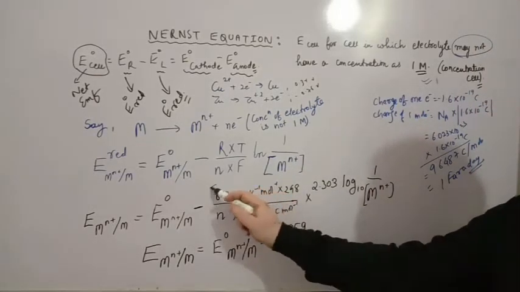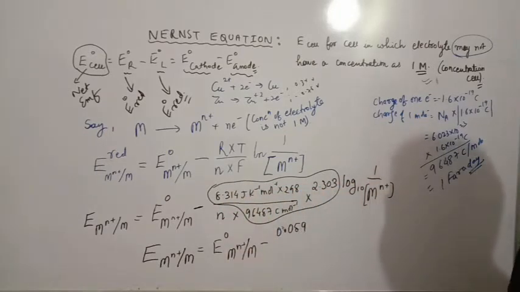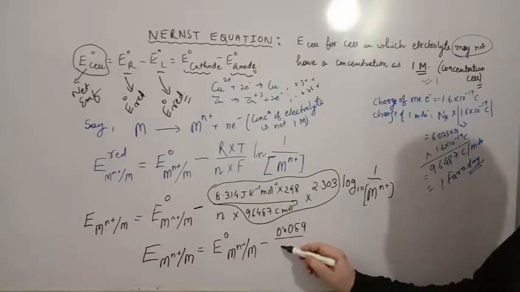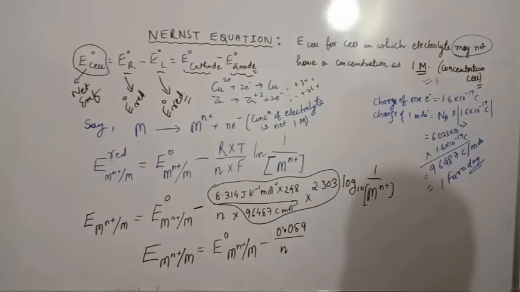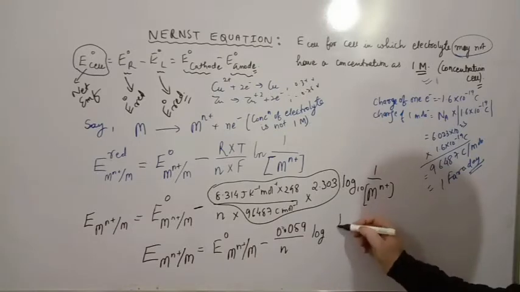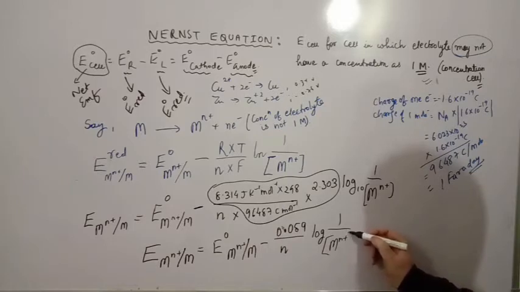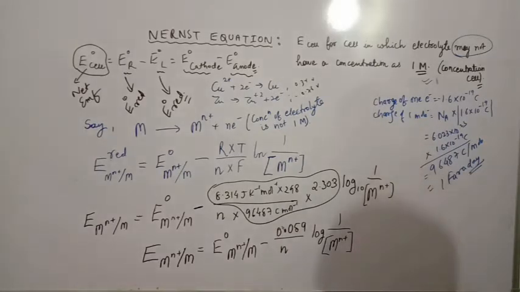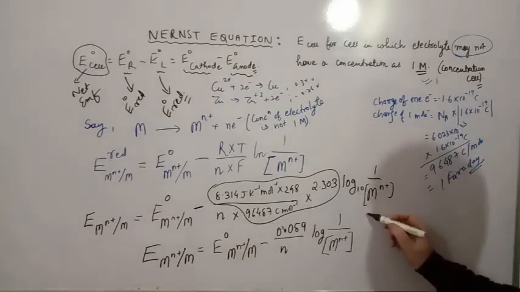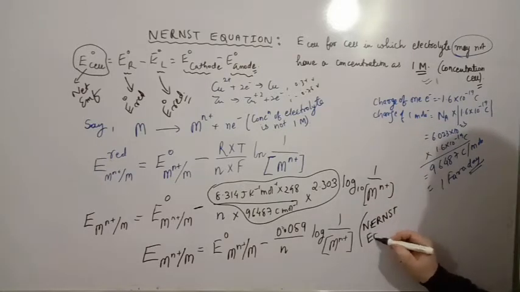Means if I calculate all these values together, it will come out to be 0.059 divided by number of electrons gained or lost, log base 10. We may write or may not write 1 by concentration of the electrolyte. So this is the Nernst equation for half cell.